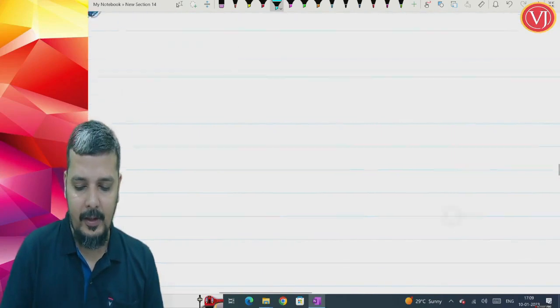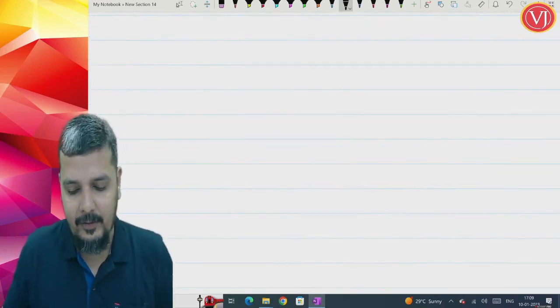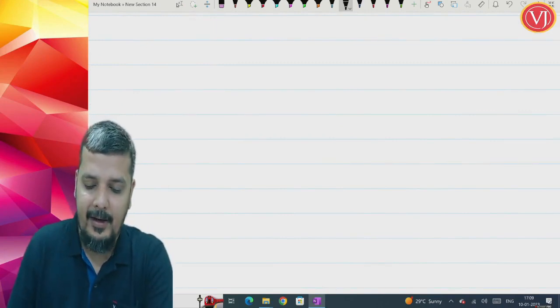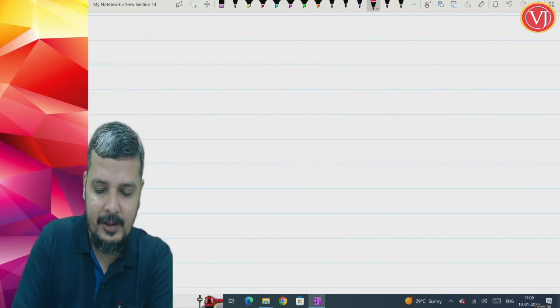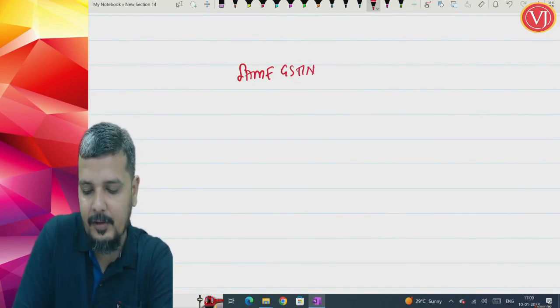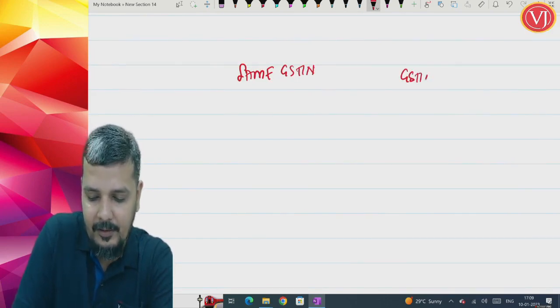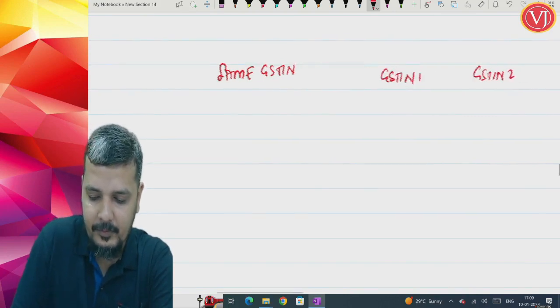Now what are they trying to tell? When you talk about transfers, let us understand, if it is within the same GST number, as opposed to different GST numbers, GST number 1, GST number 2.